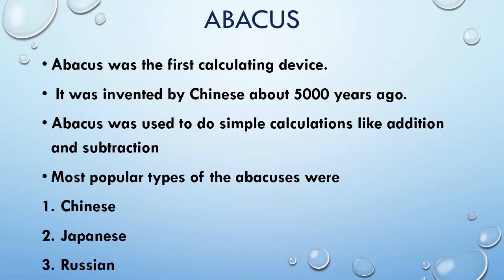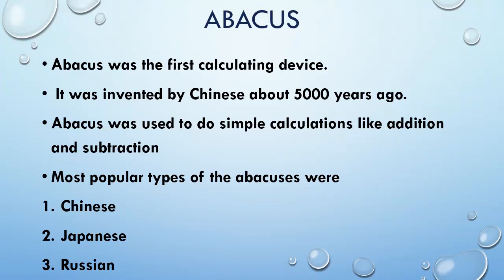Abacus was the first calculating device. Abacus is known to be the first mechanical device invented about 5000 years ago. It was invented by Chinese and it was used to perform addition and subtraction easily and speedily.